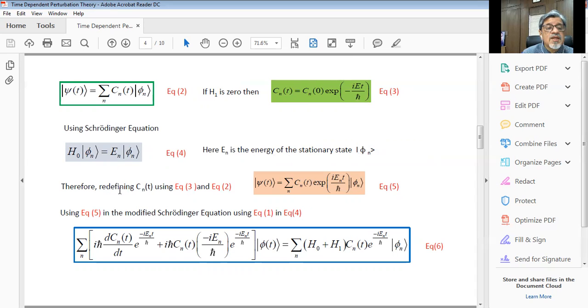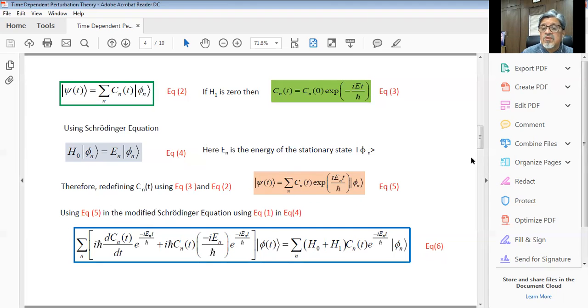Now therefore, redefining Cn(t) using equation 3 and equation 2, we can write ket psi(t) equal to the summation over n of Cn(t) exponential minus i En t divided by h-bar, ket phi n. Now using equation number 5 in the modified Schrodinger equation of equation number 1 and in equation number 4.